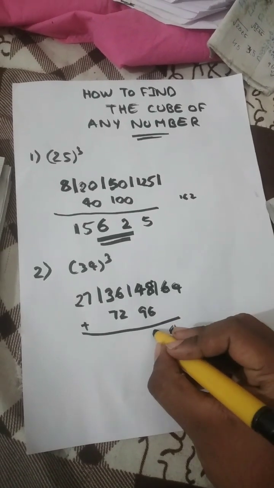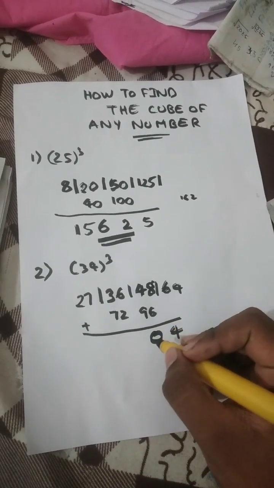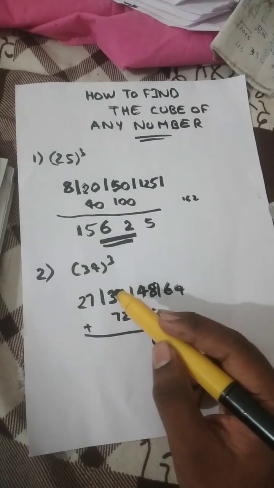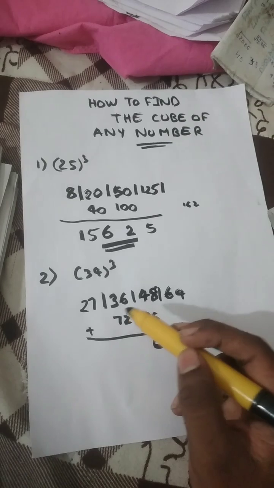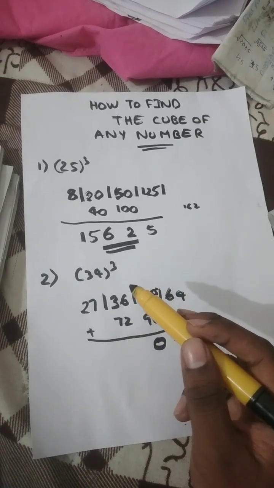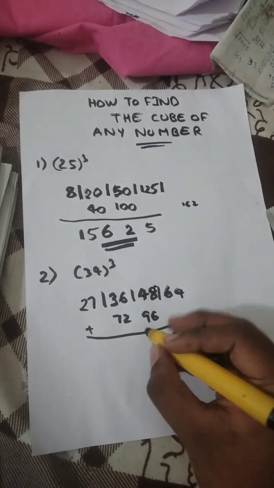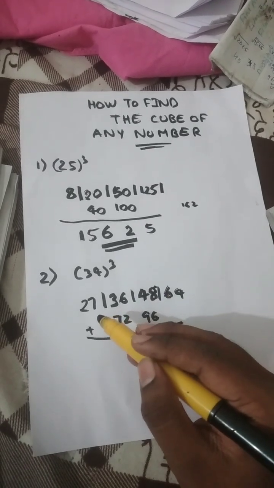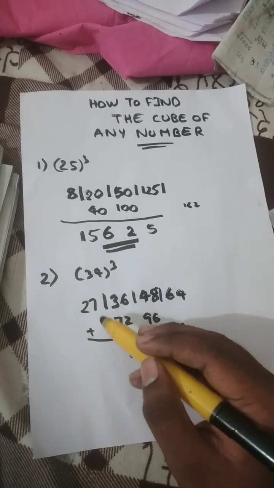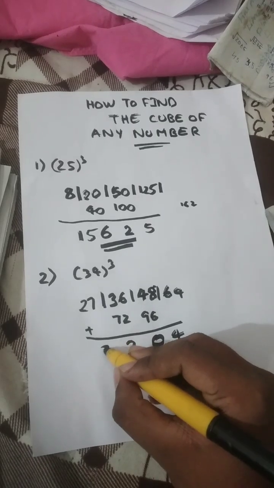So write only the last digit 0 here, and carry the 15 to the next number. So 36 plus 72 would be 108, and 108 plus 15 would be 123. Write the 3 here and carry the 12 to the other side. So 12 plus 27 would be 39.